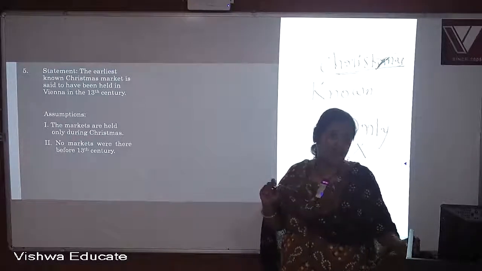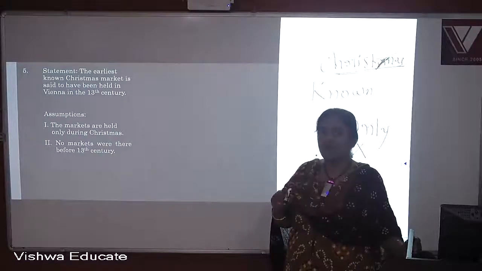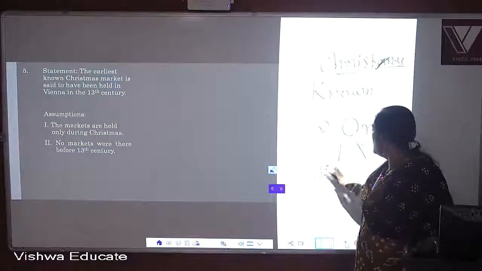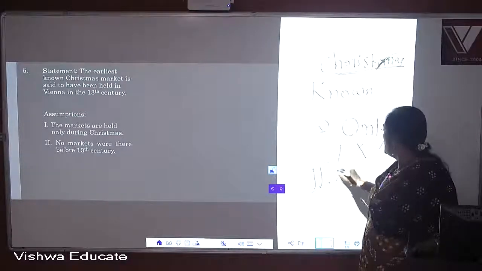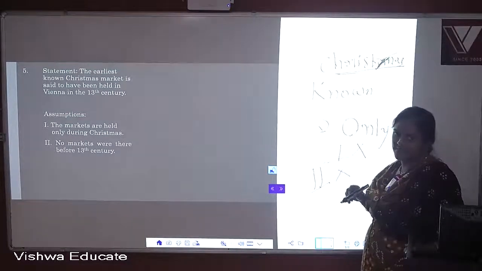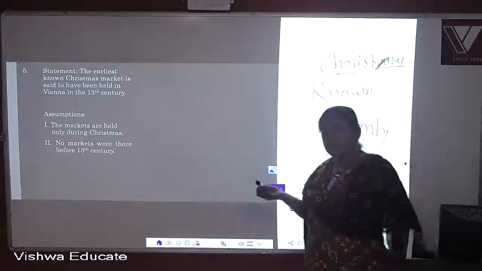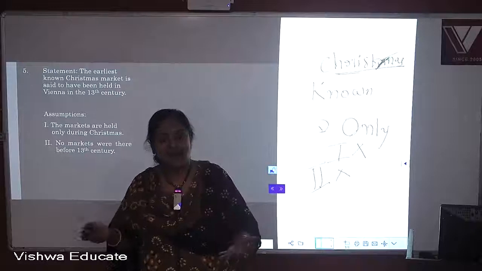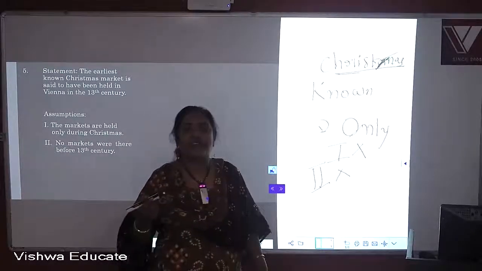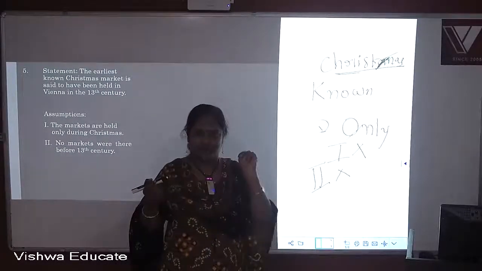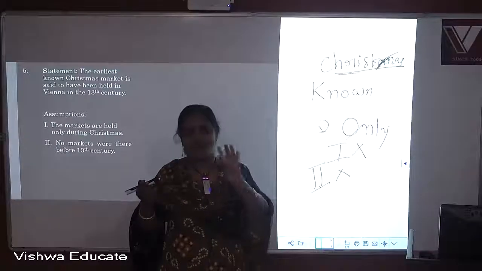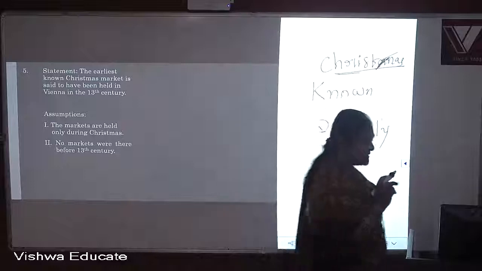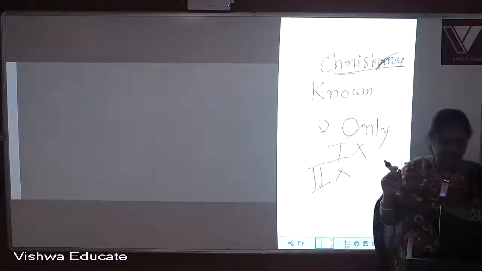So therefore, number 2 also is not implicit. So neither 1 nor 2. Neither 1 nor 2. So your answer is 4. So please make a choice. Option 4. Okay. Now I'll give you the 6th question.